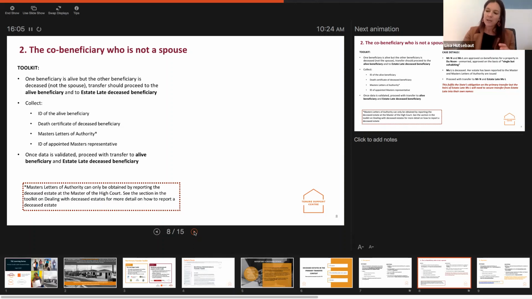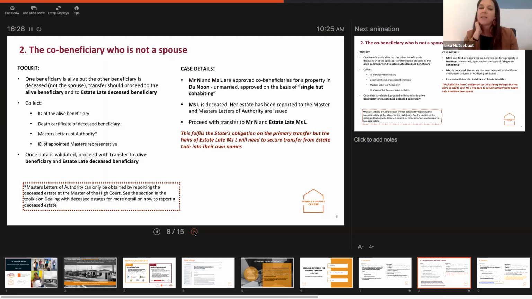So it immediately becomes a hybrid of the first process we've discussed and the second process. Where you have a surviving spouse of a co-beneficiary who's deceased, you could in this instance transfer to the beneficiary who's still alive and directly to the surviving spouse of the deceased beneficiary.